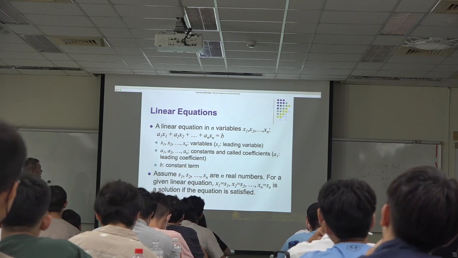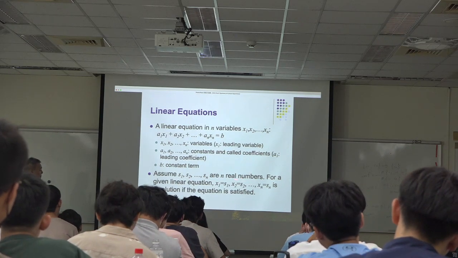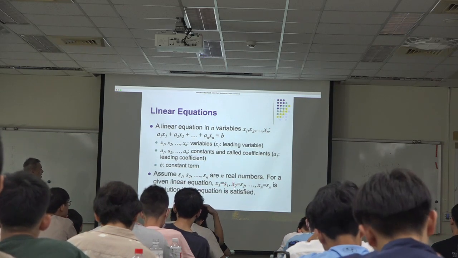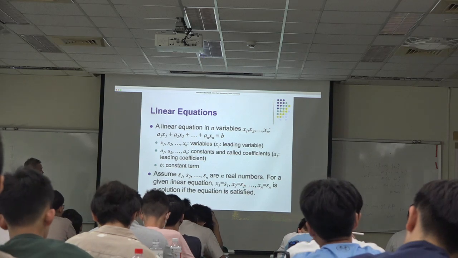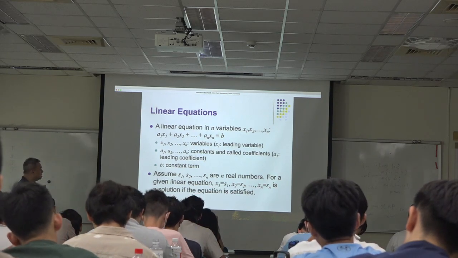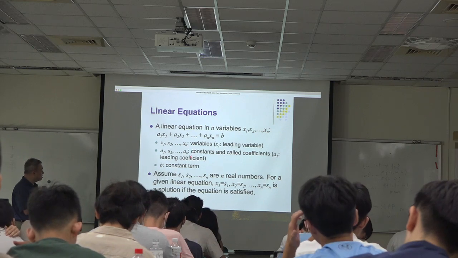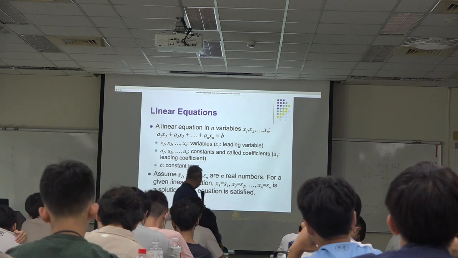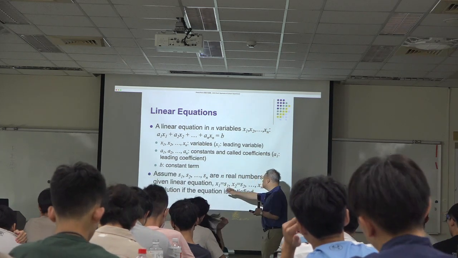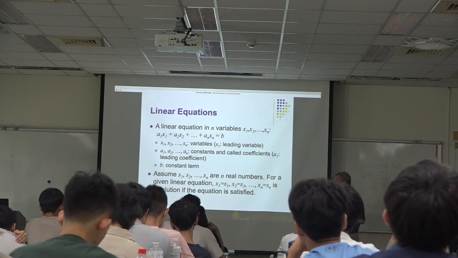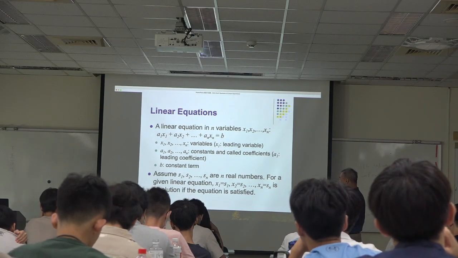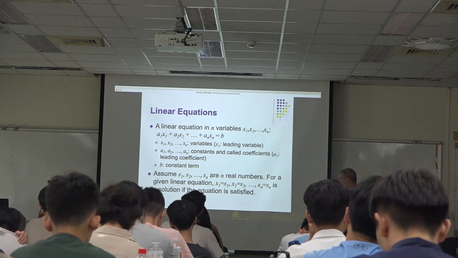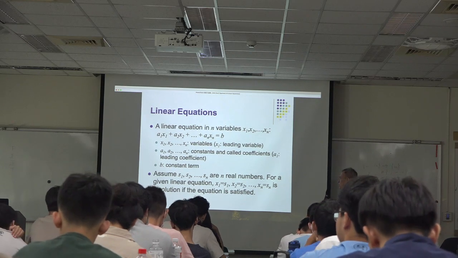Assume s1, s2, up to sn are n real numbers. For a given linear equation, x1 equal to s1, x2 equal to s2, and so on, xn equal to sn, is a solution of this linear equation if the equation is satisfied. So we can say s1, s2, up to sn is a solution if we put these real numbers in to replace those variables and the equation is satisfied.